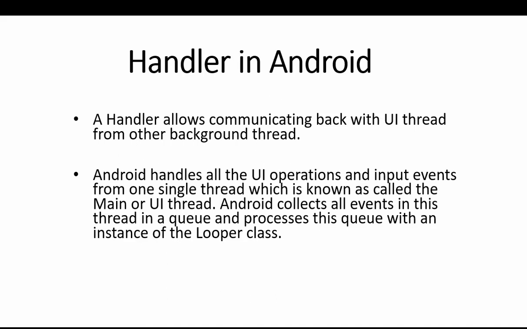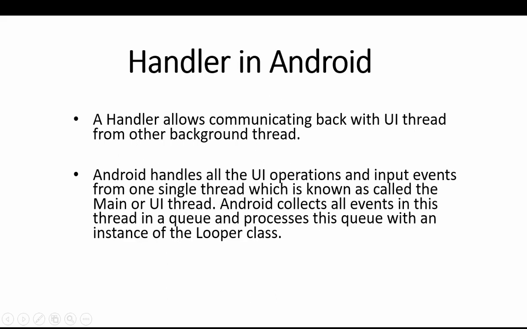Android handles all the UI operations and input events from one single thread, which is called the main or UI thread. Android collects all events in this thread in a queue and processes this queue with an instance of a looper class. It means all these operations are first handled by the main UI thread.